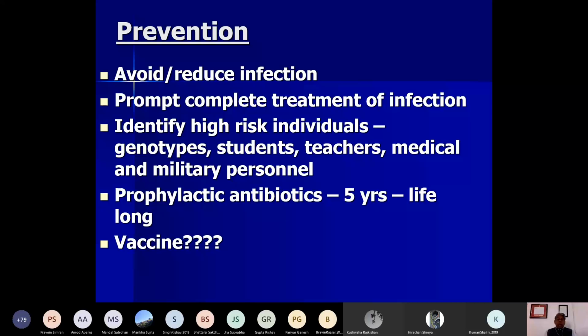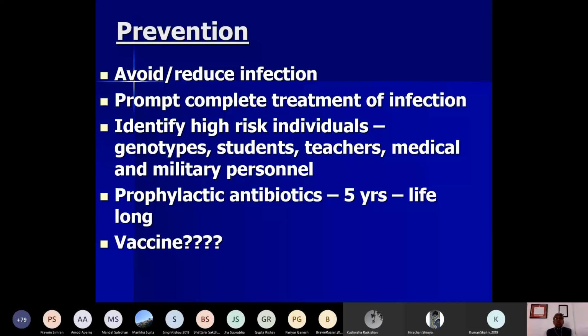Sometimes it might be required lifelong to prevent extension of rheumatic disease into rheumatic heart disease, or further extension of the rheumatic heart disease into further complications. So make sure that your patients take antibiotic regularly.